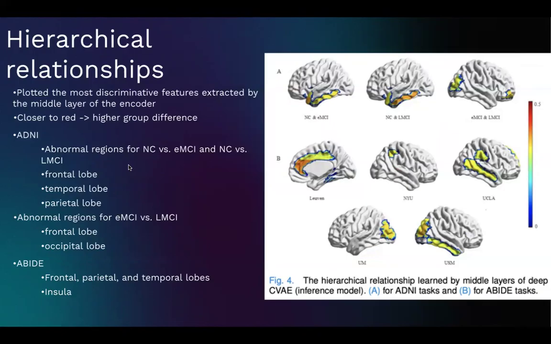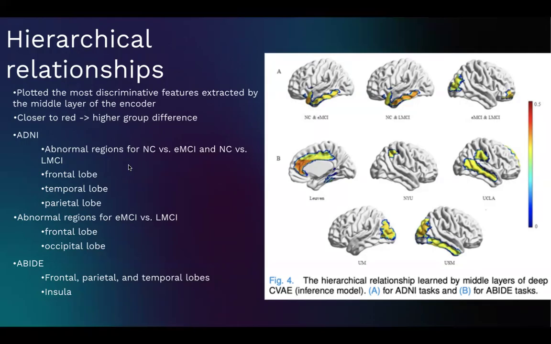So another thing that they looked at here, they basically froze their model weights at the middle layer, and then they mapped these activations back to the brain according to the Atlas ROI map or mask. And certain activations had higher values indicating higher importance to their model. So they did this for each group and took the average of these activations, and then they compared all the groups together, plotting the difference between the groups.